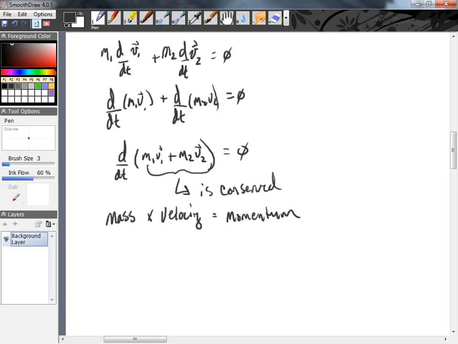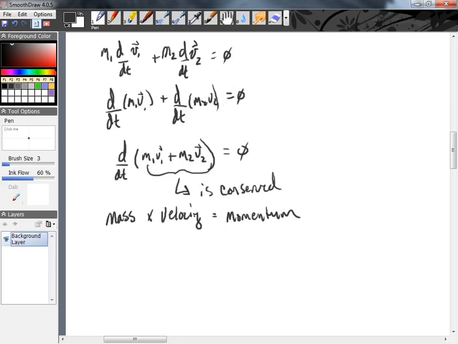Okay, so we've got this new term, we call it momentum. What can we call it? Well, we've got m for mass, v for velocity, a for acceleration, w for work, we even have p for power. What are we going to call momentum?